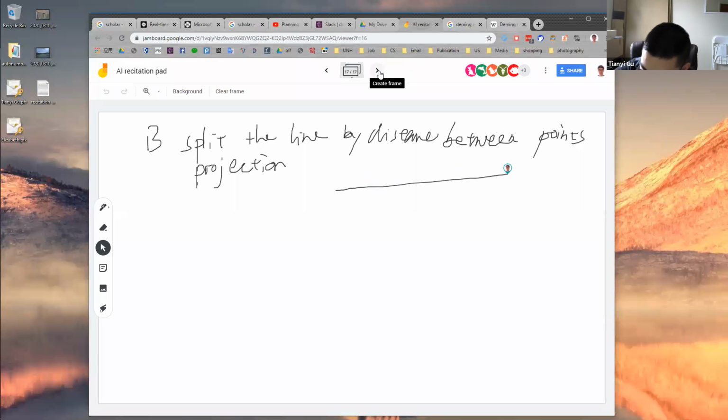You look at this distance, which should be small enough, to decide how many segments you have.